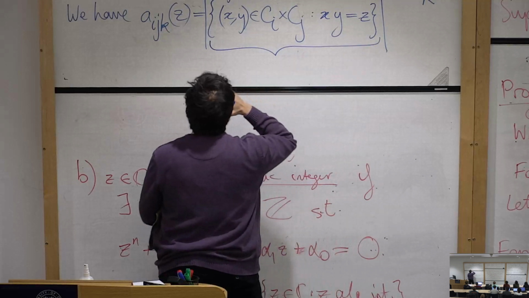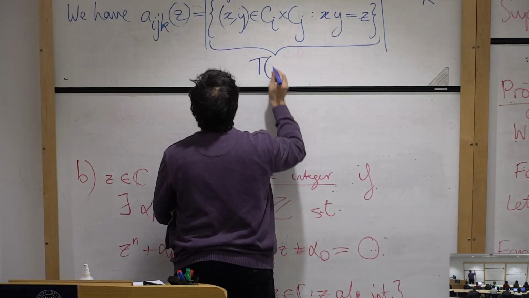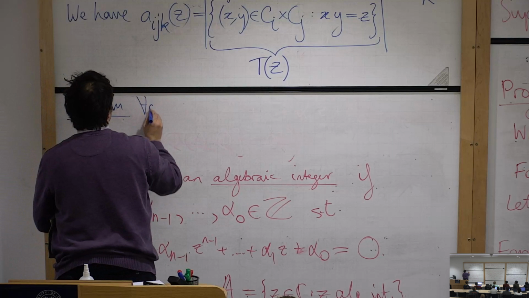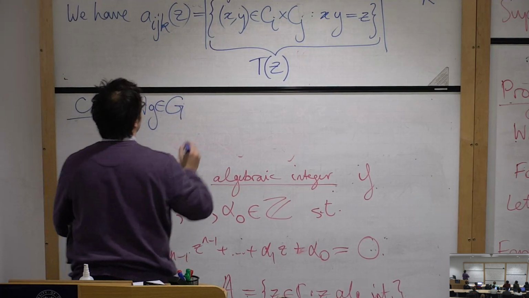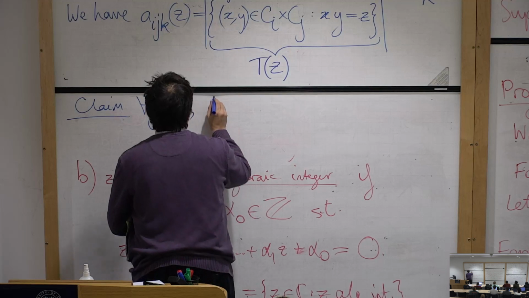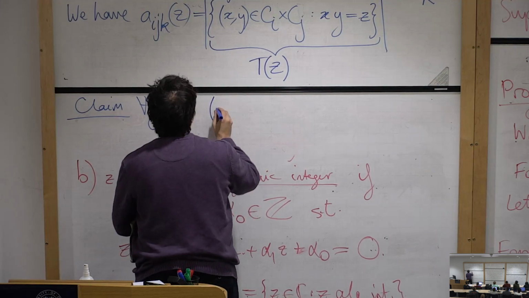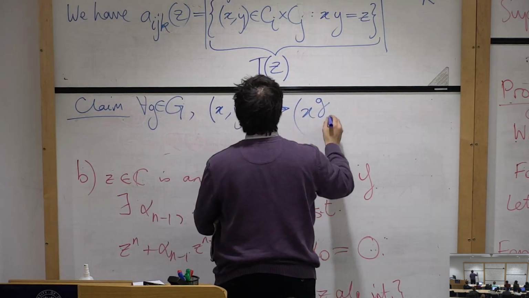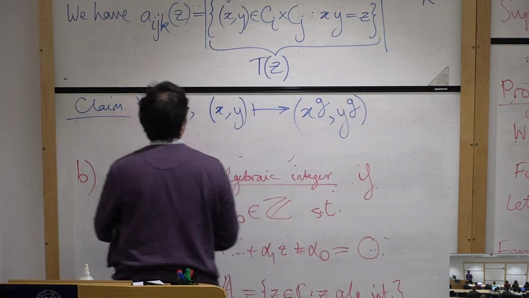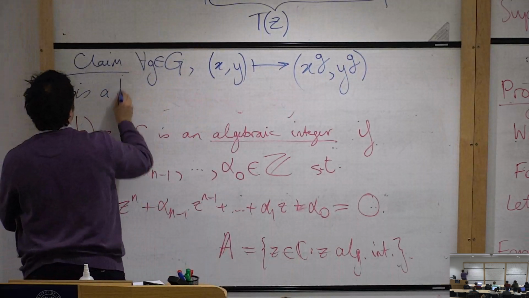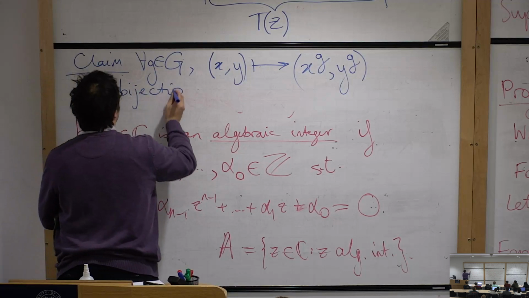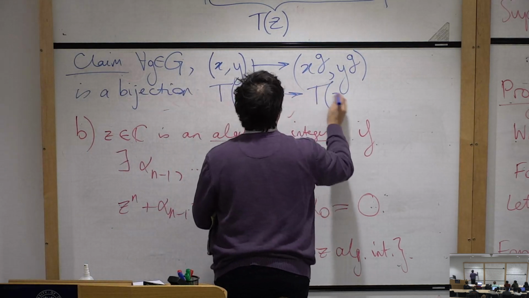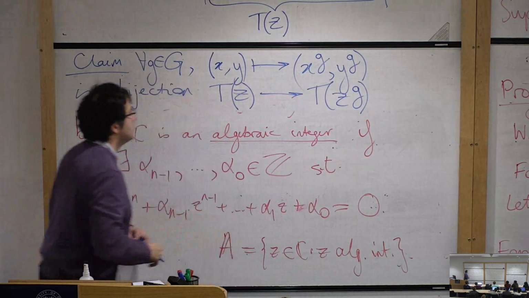So if I call this set, I don't know, t of z, and the claim is that for all g in G, some other variable, the function which sends pair xy to the pair conjugate by g is a bijection from t of z to t of z^g.